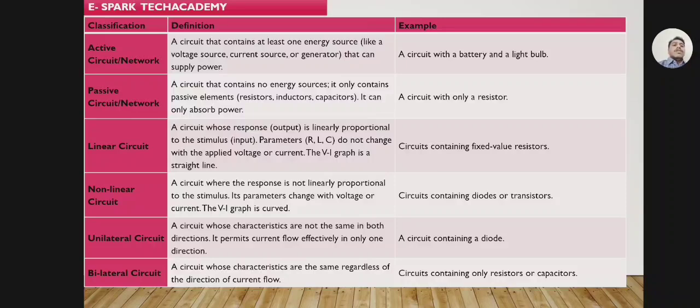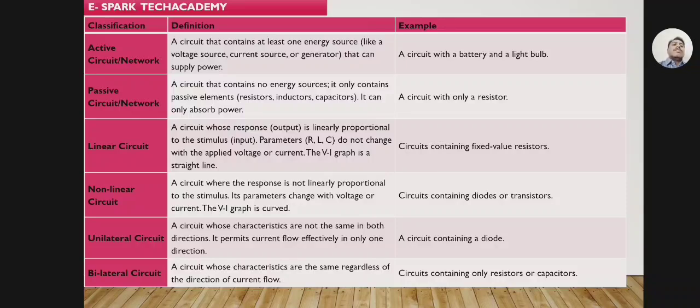These circuits obey Ohm's law, and the parameters R, L and C do not change with applied voltage or current. The VI graph is a straight line. A non-linear circuit is one where the response is not linearly proportional to input; its parameters change with voltage or current.